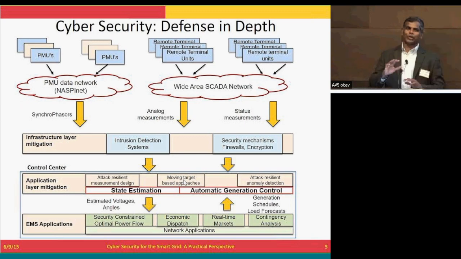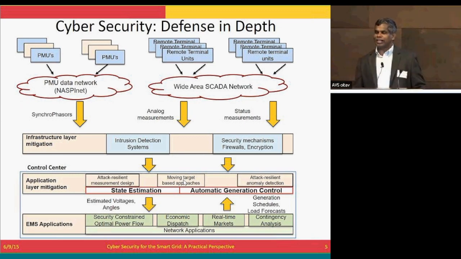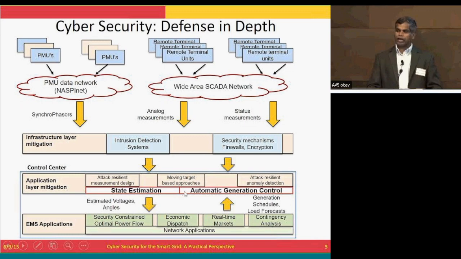So try to confuse the adversary by doing randomization in estimating the state, or using the measurement, or doing the control. Those kinds of techniques can be employed at the control center EMS application, in addition to the anomaly detection, validating the data that is coming in, or bad data detection methods.